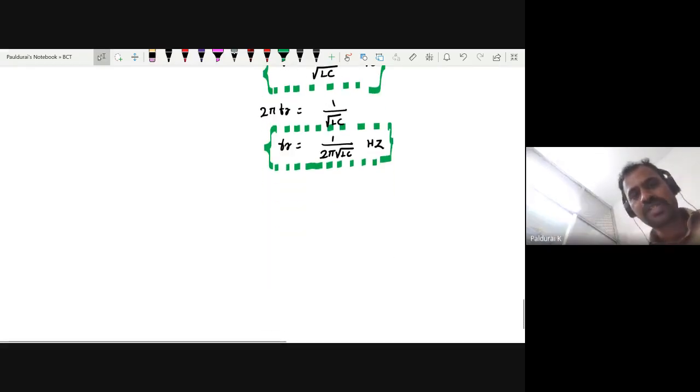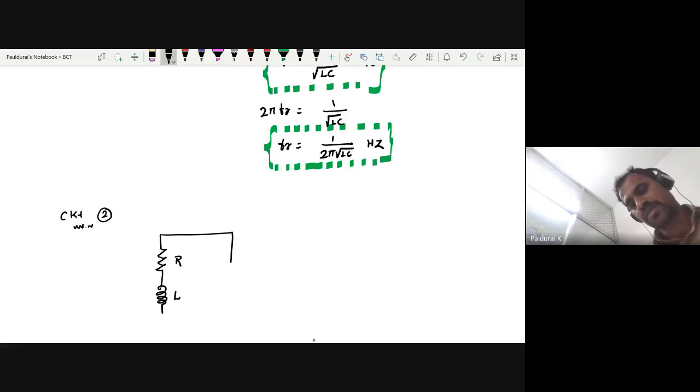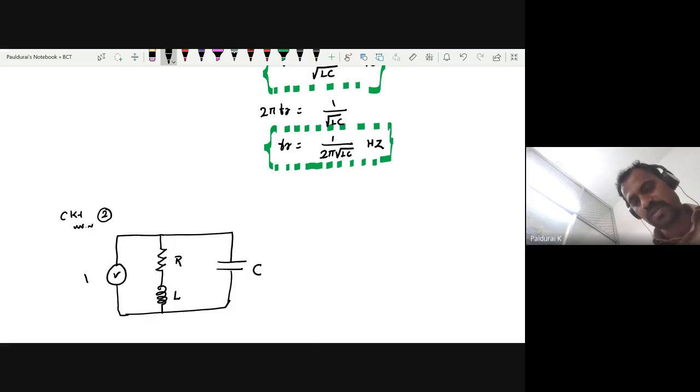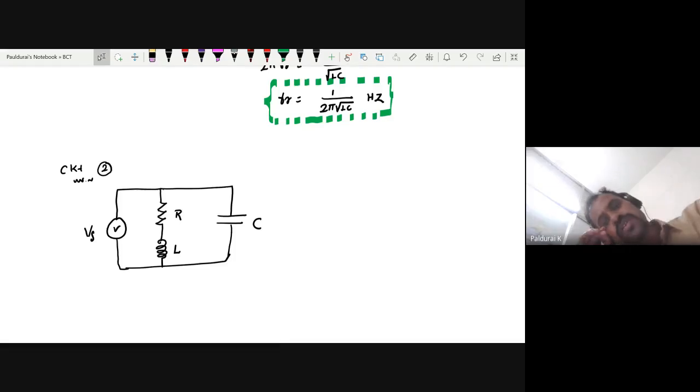Okay, now take circuit 2. This time this R is in series with this L, so it becomes R. Now this is my C. For this circuit, we want to derive the resonant frequency.